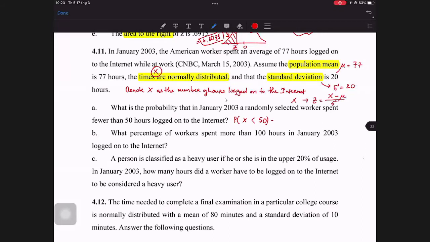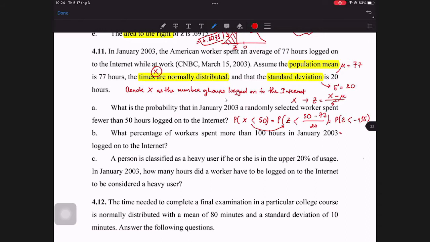We take the value x equal to 50, mu equal to 77, and sigma equal to 20. From this, we find p of z smaller than minus 1.35. Now you can just look up the table for this value, because that is p of z smaller than something.